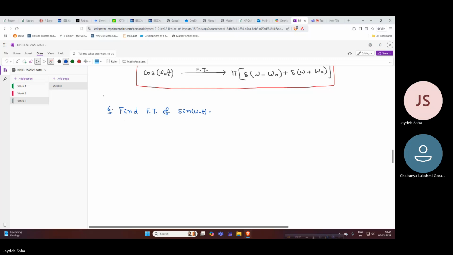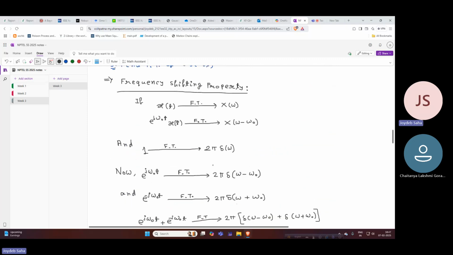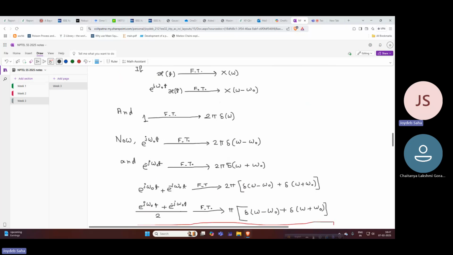Okay. In a similar manner, we will solve. First, let us try to understand the fundamental again. Here, the Fourier transform of 1 is 2 pi into delta omega.